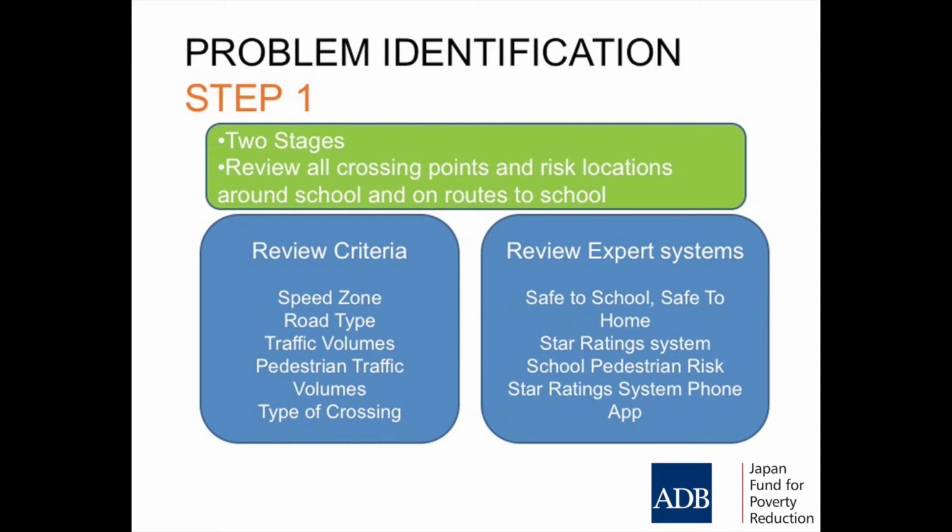There's another one called the Star Rating System. There's another one called School Pedestrian Risk, and the Star Rating System has a phone app which has been developed by VicRoads in Victoria for use by schools in that state. All these expert systems simply help you identify which parts of the crossings around the school are the riskiest and which are the safest.